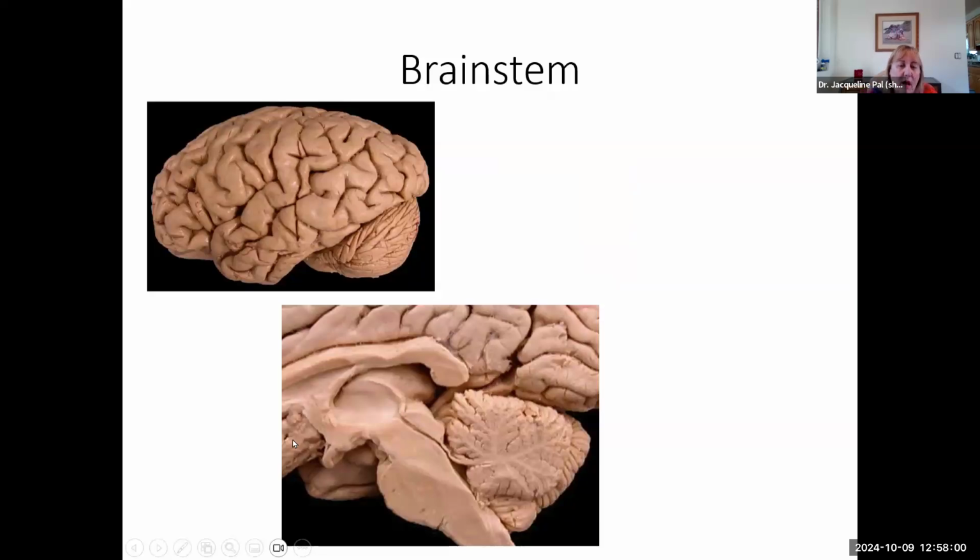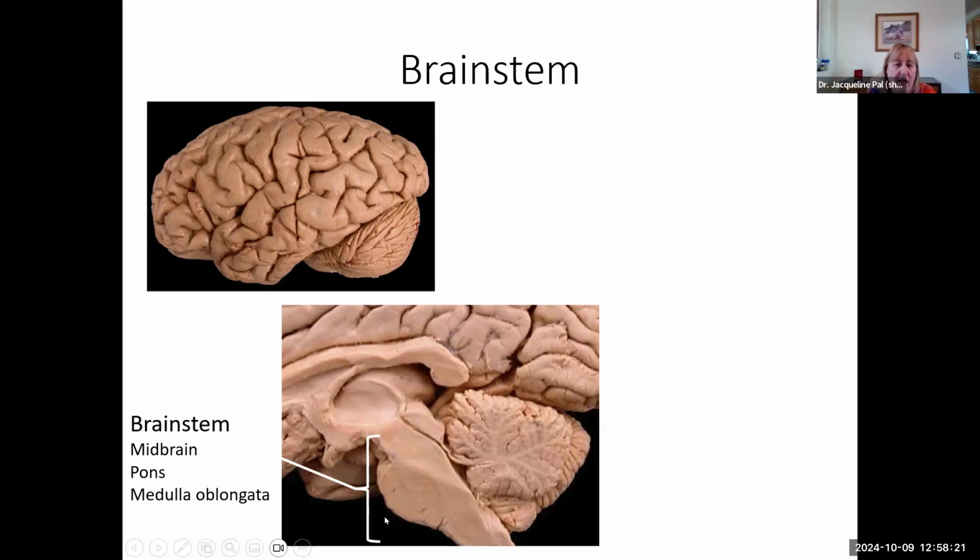Now, let's go below the thalamus and the hypothalamus. Just draw a dotted line right here. And we're going to talk about this stalk known as the brainstem. And so if we look at the brainstem, it has three areas. So first, find this pregnant belly area, this pregnant belly.